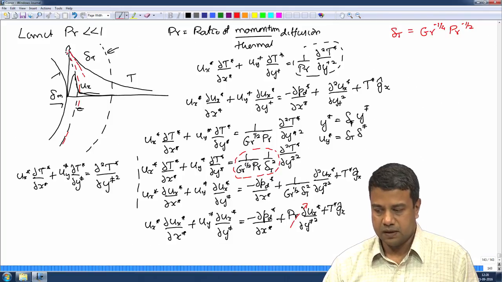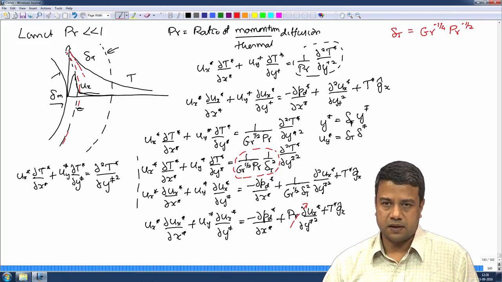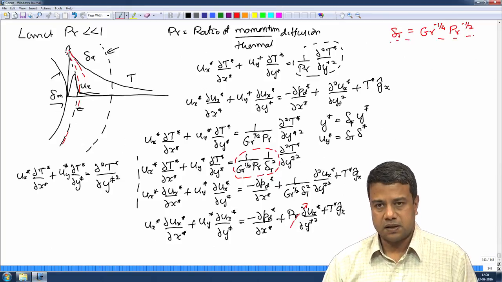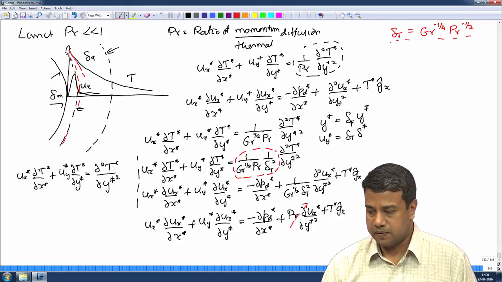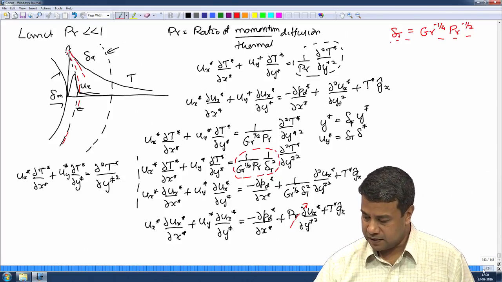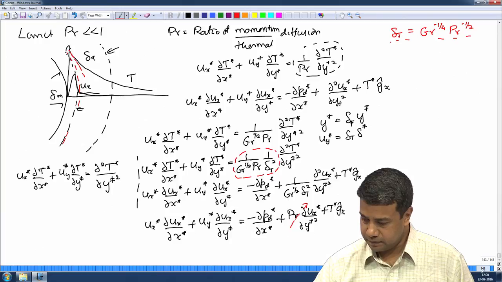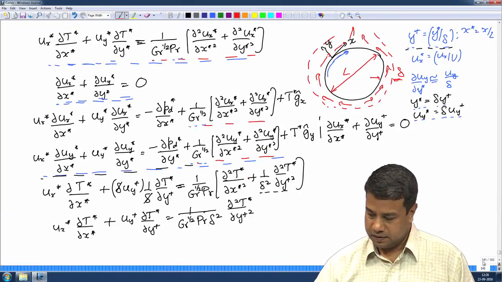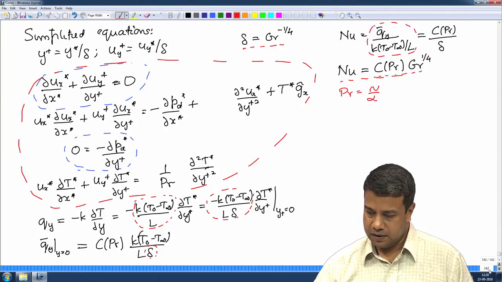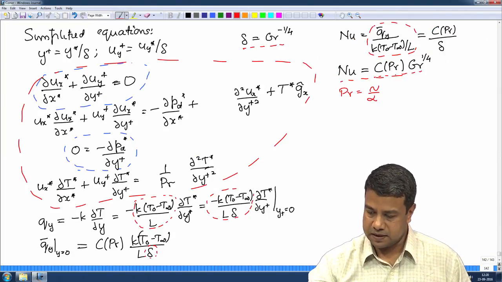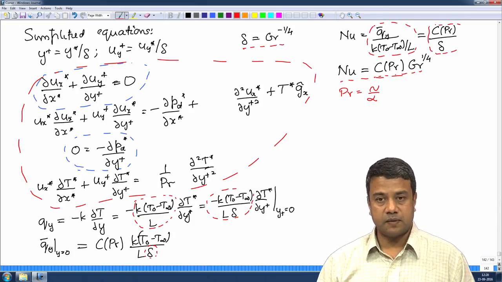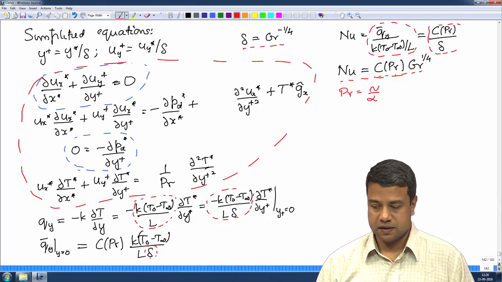What is important for our calculation is basically that the thermal boundary layer thickness goes as Gr power minus 1/4 Prandtl number power minus half. And we know from the previous calculation that the Nusselt number has to go as, in this case, some constant divided by the scaled boundary layer thickness.